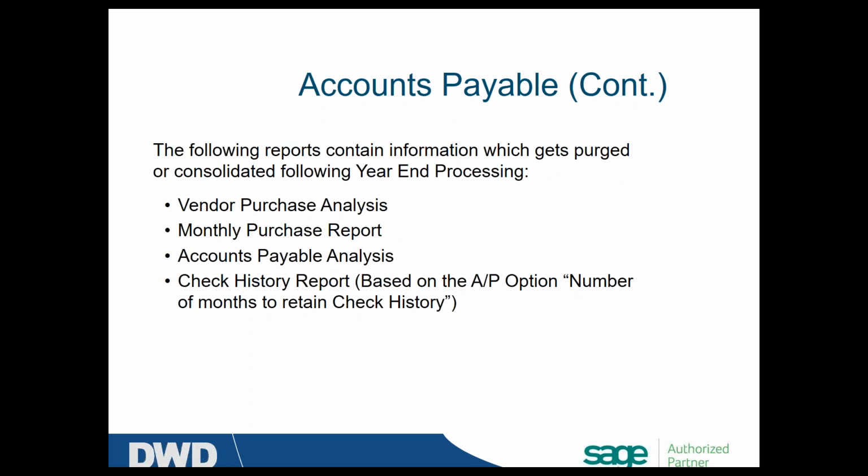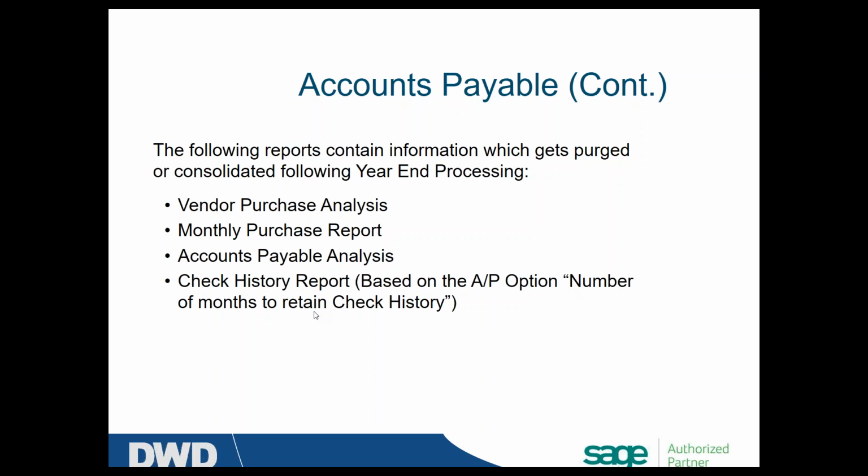So if I don't run one of those first couple, three reports before I do my period end closing, I won't be able to go back to them because those are very period-specific reports. Your check history report, there's a setting in your options on how many months to retain check history.